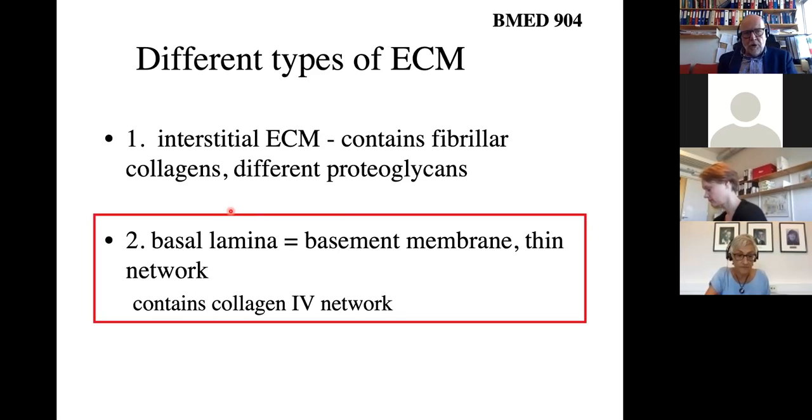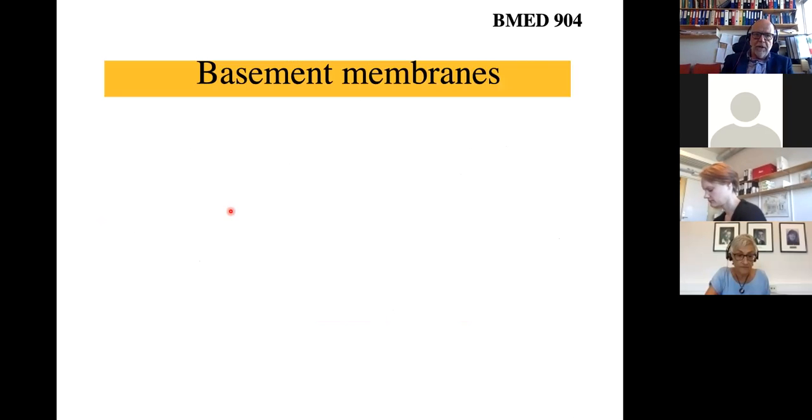The other principal type of extracellular matrix is a basement membrane, or basal lamina, which is another name. Which is a thin network composed of actually 2 networks, as we will see, a collagen type 4 network and a laminin network, and together they form the basement membrane.